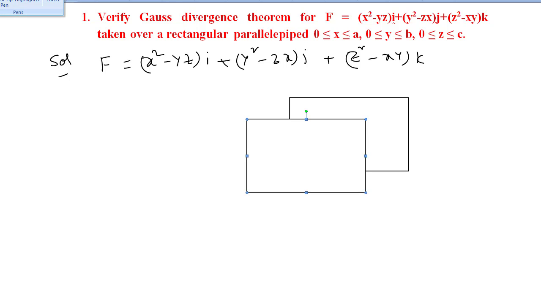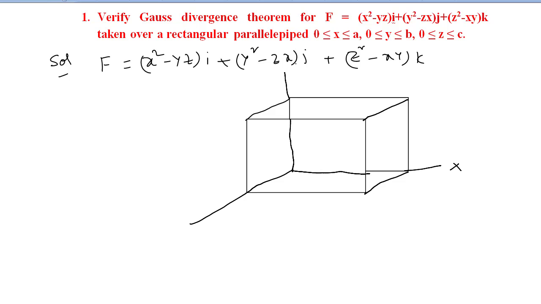Listen carefully. I will draw the rectangular parallelepiped, nothing but a rectangular box, and it contains a total of 6 surfaces.